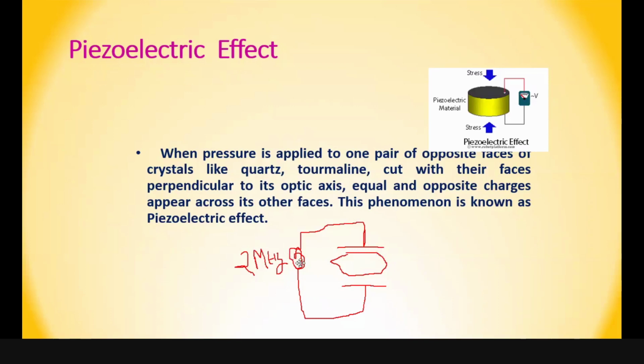As soon as I switch on the oscillator, one plate becomes positive, another plate negative. There will be some free charge carriers inside the crystal, so the free charge carriers tend to move towards the opposite plates. Negative charges will move towards the positive plate, and positive charges towards the negative plate. Here we are giving AC voltage, right?